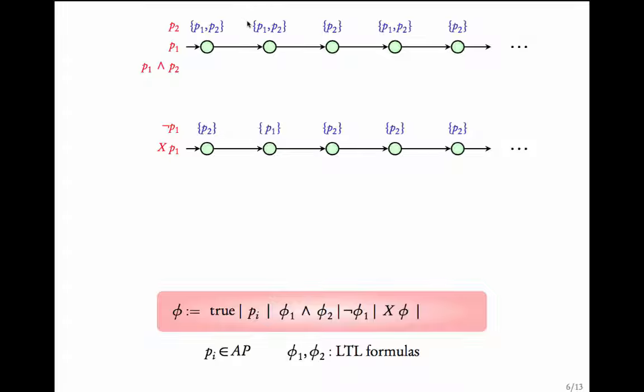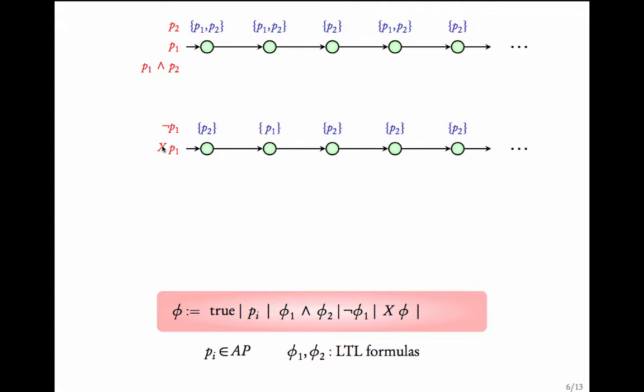We were not caring about the rest of the word at all. We said that something satisfies these formulas just by looking at the first letter. Now comes the first operator which looks at the rest of the word. In particular, X phi is true if the next letter satisfies phi.